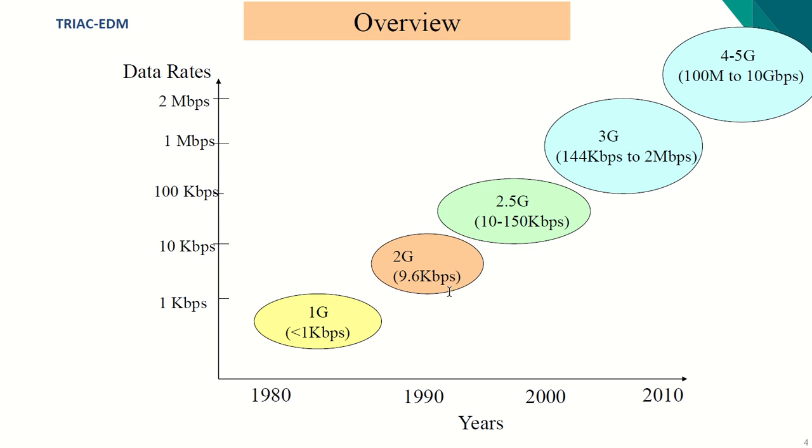And then when the generation comes to 2.5G, it supports 10 to 150 kbps. That was around the year 2000. And then up to the third generation, which is around 2000 to 2010.